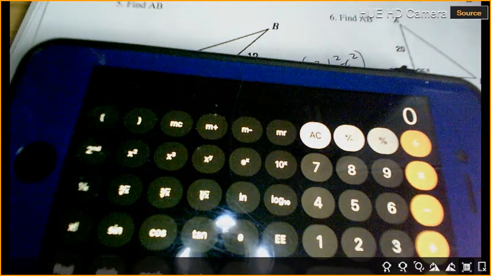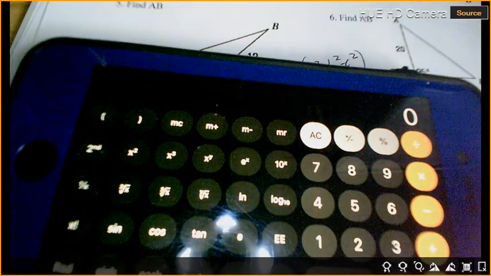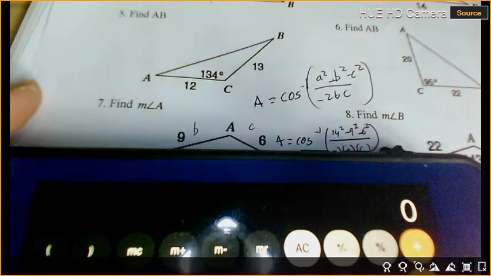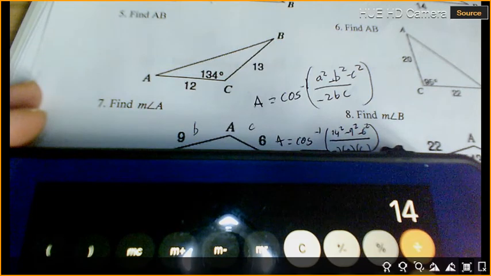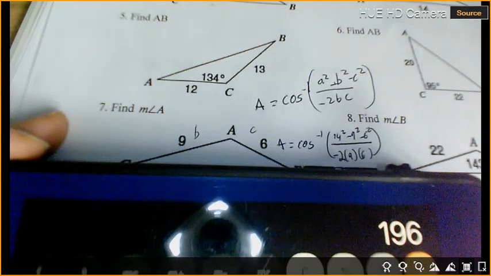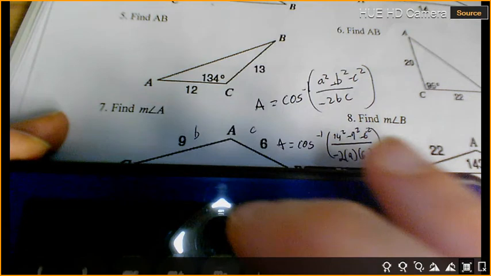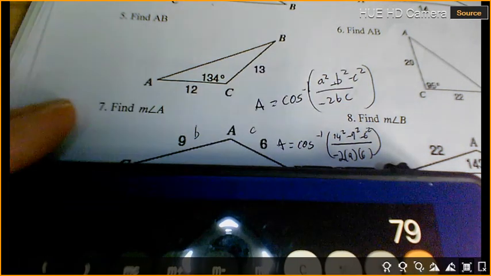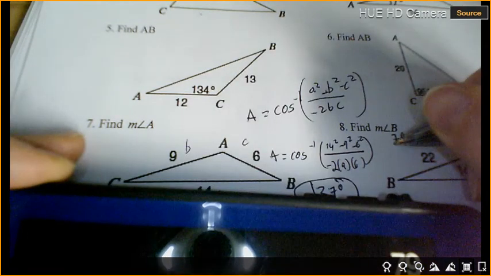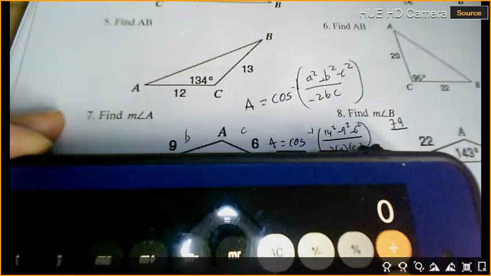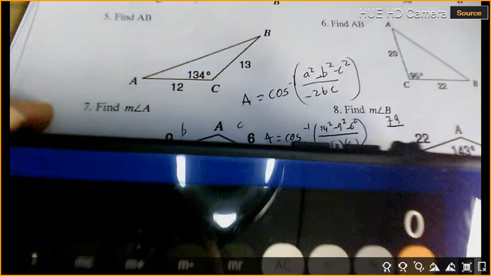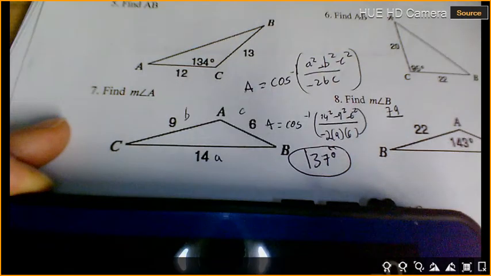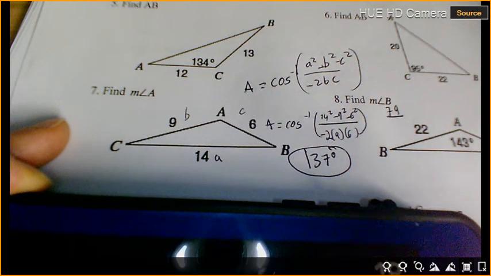With your phone, I suggest you do this in 3 steps. Step 1, you can do the top. You can go 14 squared minus 9 squared minus 6 squared, and you get 79. And then you're going to do the bottom. So you're going to go negative 2 times 9 times 6.